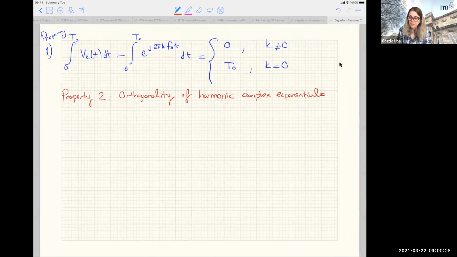So guys, this property is important because we will be taking an inner product. We will project our signal on top of this later. We will be taking an inner product with the complex conjugate of this basis function, x of t with vk of t.